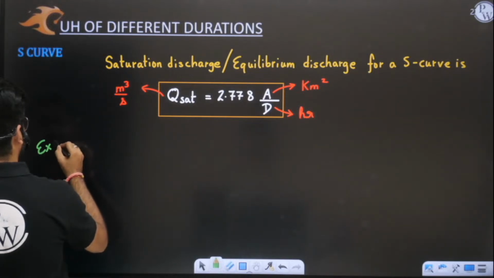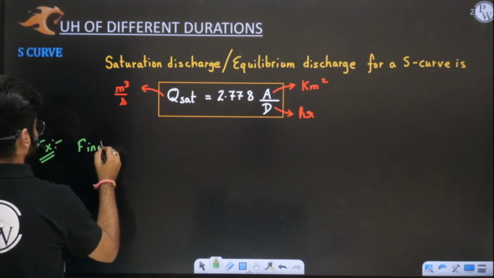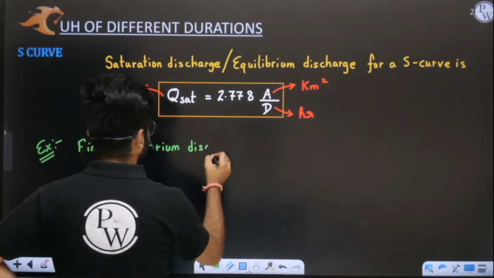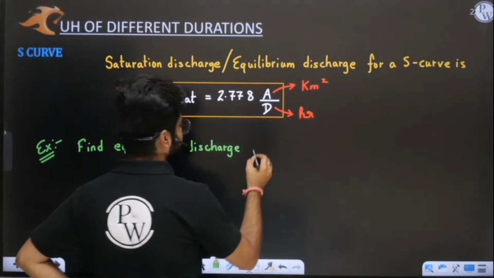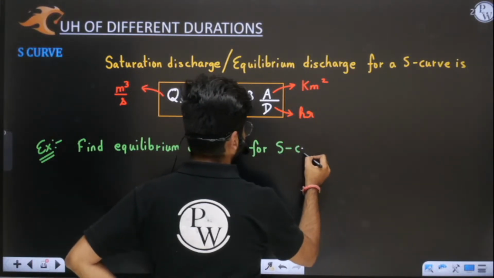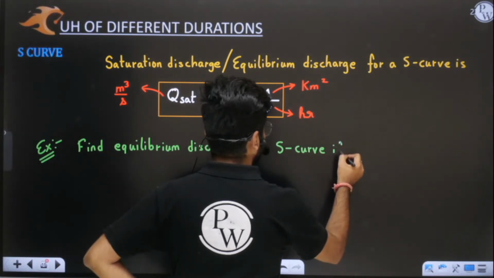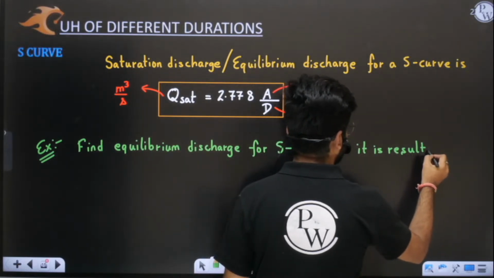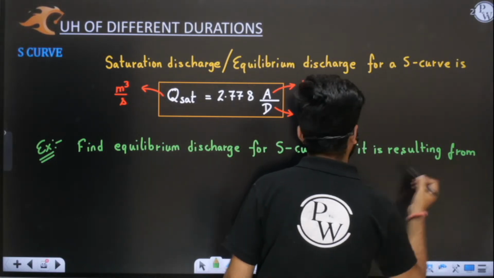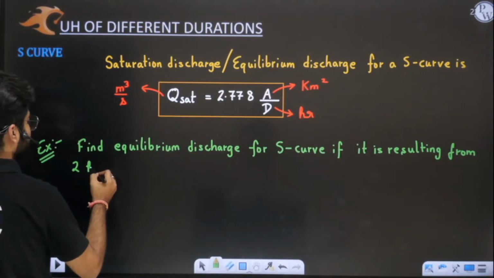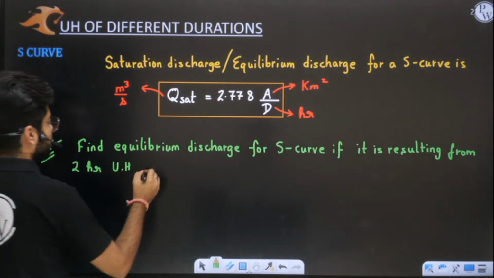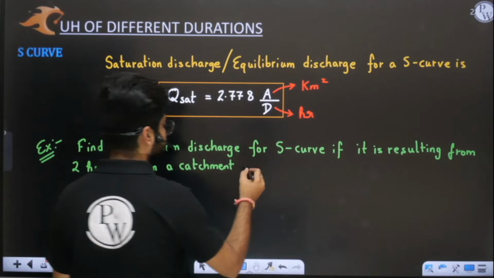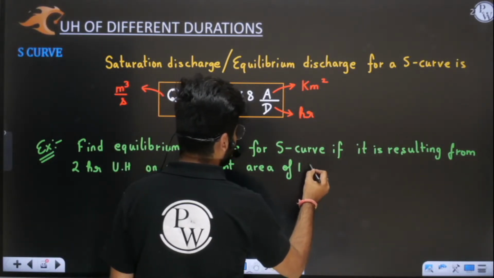They are saying, find the equilibrium discharge for an S curve if it is resulting from a 2 hour unit hydrograph on a catchment area of 150 kilometer square.